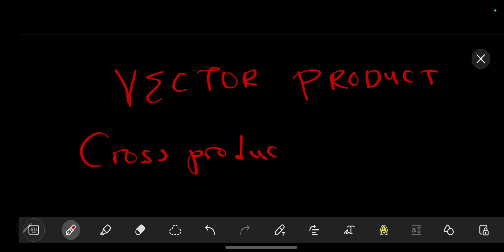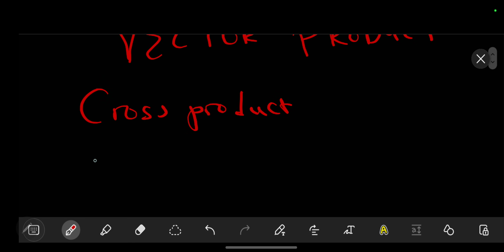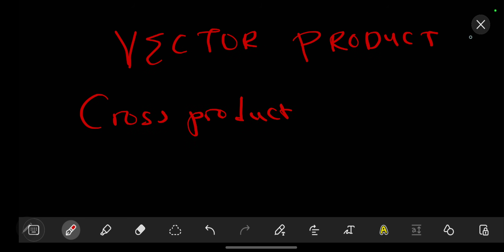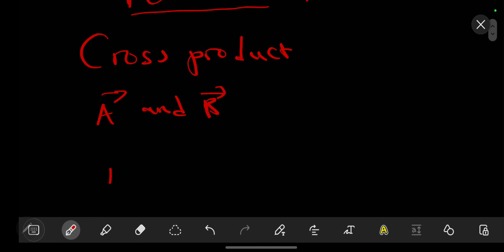So when you cross two vectors, let's say you have vector A and vector B, if you find the vector product, so the vector product means A cross B, like that. A cross B will always give you a vector which we are going to call C. This vector is perpendicular to both A and B.